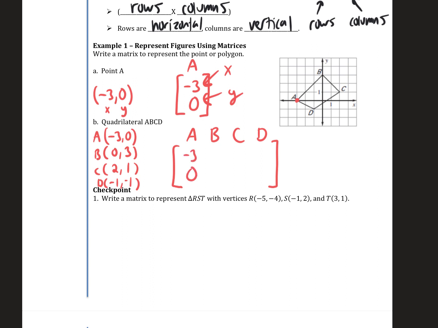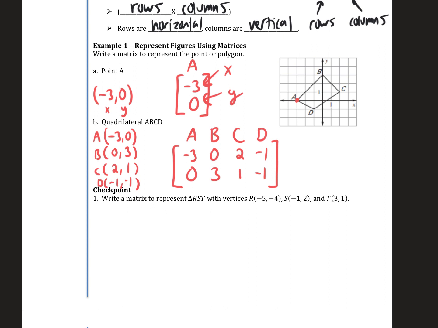See if you can fill out the rest of this really quick. Go ahead. All right, B was 0, 3, so x goes on top, y goes on the bottom. C should be 2, 1, and D is -1, -1. And that's it. We're basically just finding a new way to represent points. I think matrices are pretty neat and organized and cool in general.